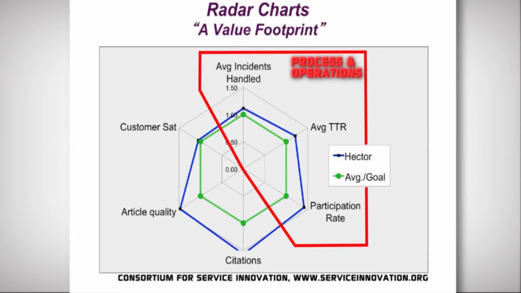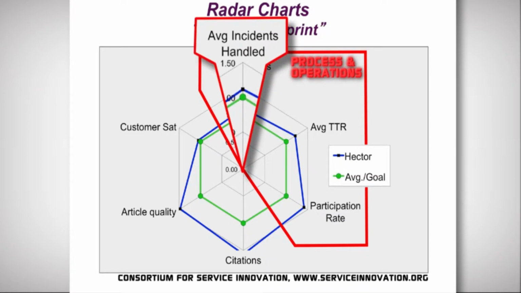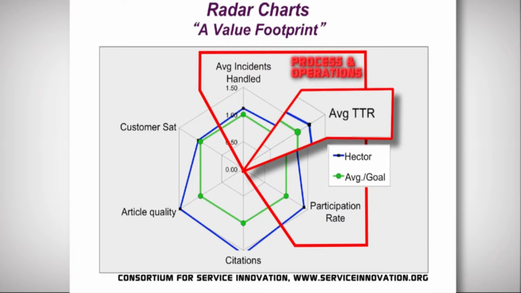Process and operations measures, including incidents handled, being the number of incidents handled by month, where the team average is normalised to 1. Average time to relief, or TTR, which represents the average minutes to provide relief or an answer. The team average is normalised to 1.